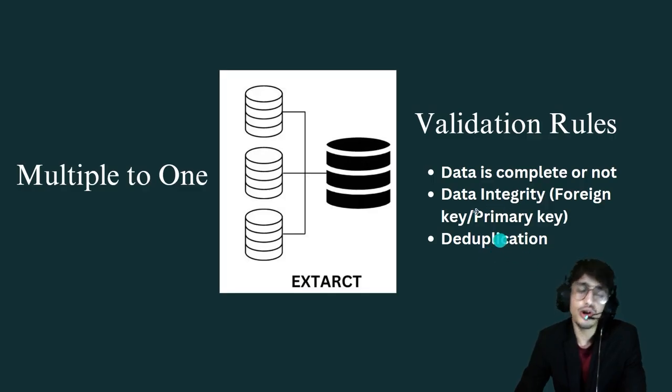And deduplication, of course, is part of data cleaning: we should remove duplicate values before storing. So in the extract part, we are extracting data from original databases, applying some data cleaning and data integrity techniques, and storing it in a bigger database.